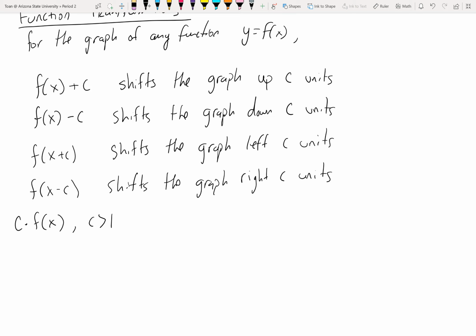So doing c times f of x, where c is greater than 1, vertically stretches or narrows by the factor of whatever you multiply by. If I multiply by 2, it will vertically stretch the graph by 2. If I multiply it by 1.7, it will vertically stretch the graph by 1.7. We saw it get very, very skinny.